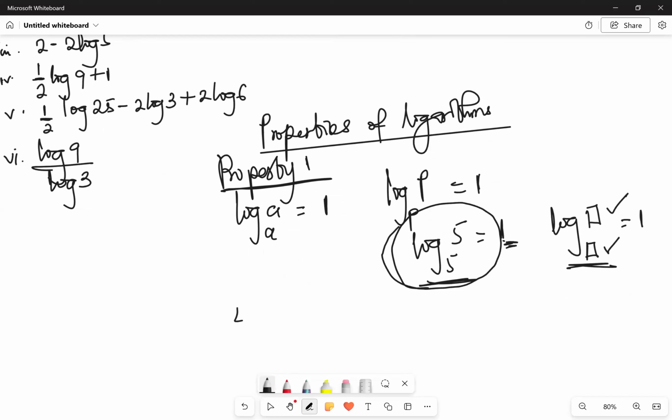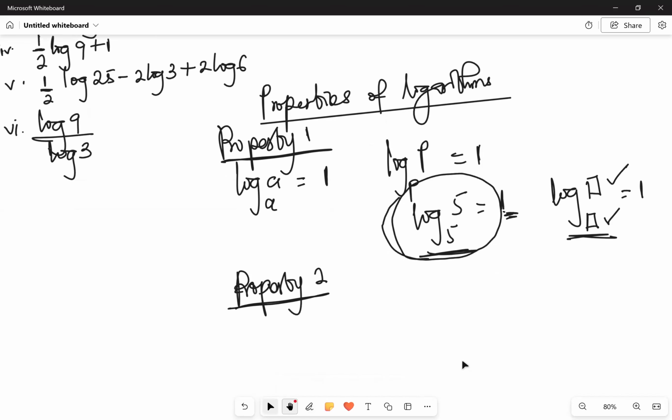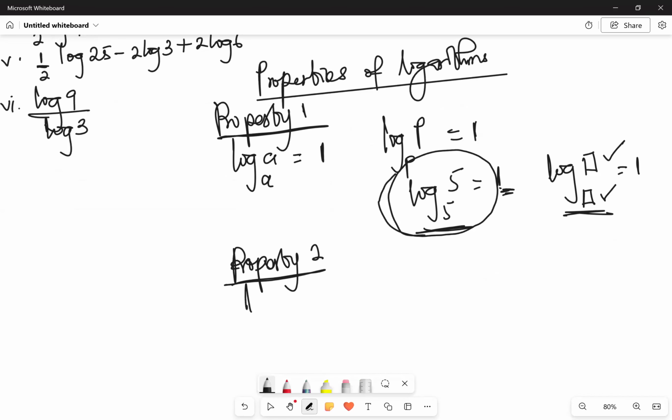Then the last property I wanted you to know is property 2, which says when you have the log of 1 raised to a base, the answer is 0.